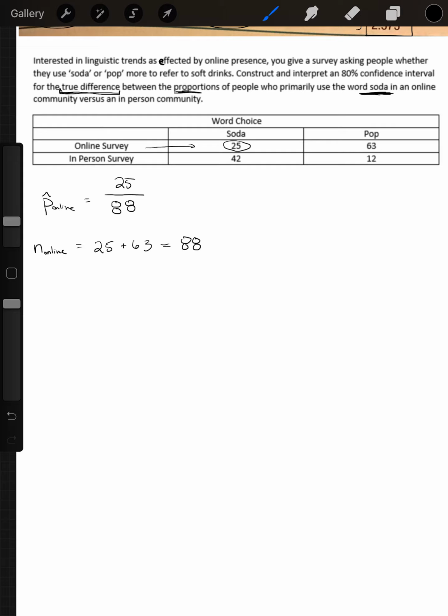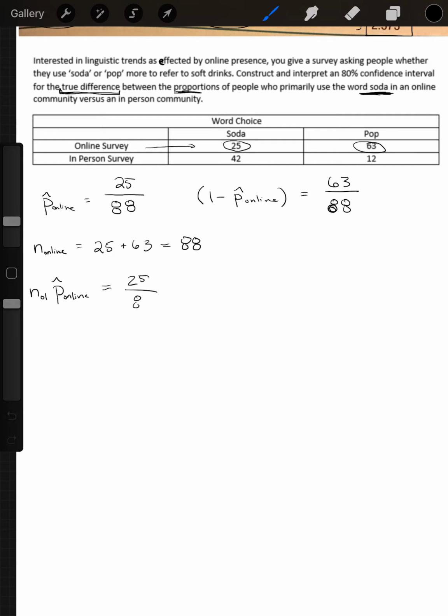And one of the nice things about this chart form to display data is this tells me that 1 minus p-hat online is just going to be the people who didn't choose soda. So it's going to be 63 over 88. I don't even have to do any algebra to figure out what 1 minus p-hat is. Right? So I'm going to go ahead and check as we go. In online, I'm going to start shortening it to OL because I'm tired of writing online.